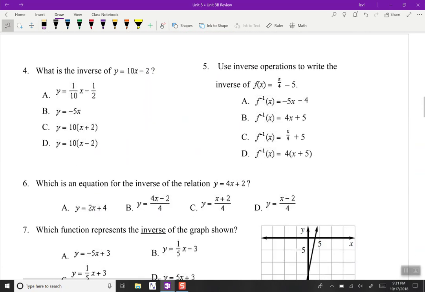Question 4, what's the inverse? So here we're going to say x equals 10y minus 2.